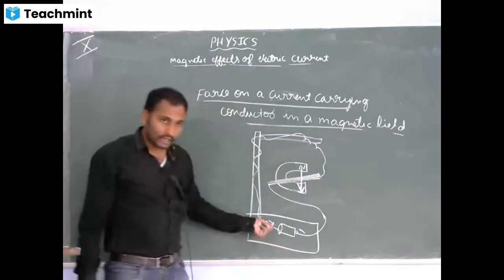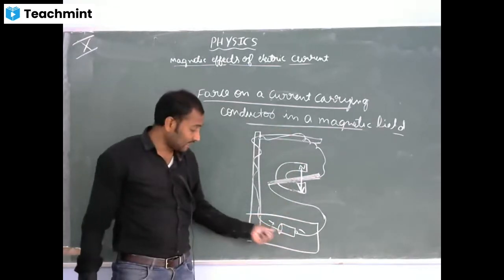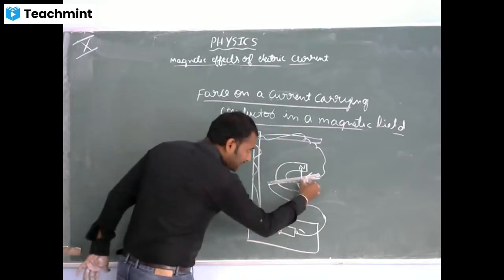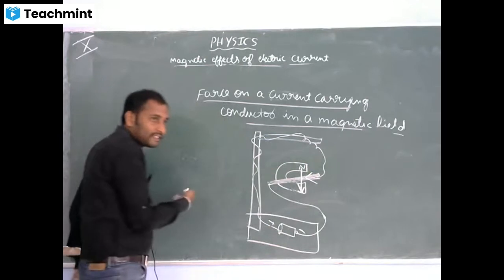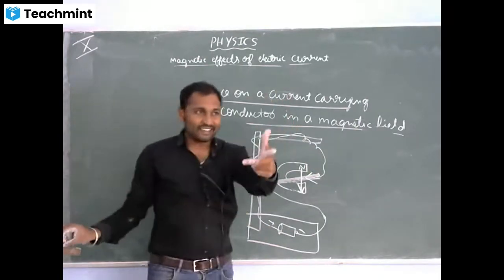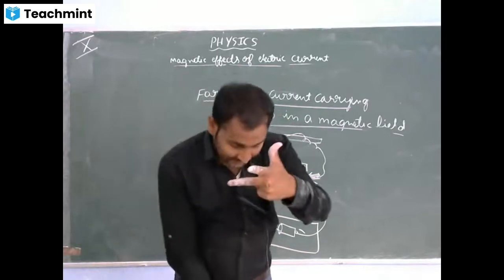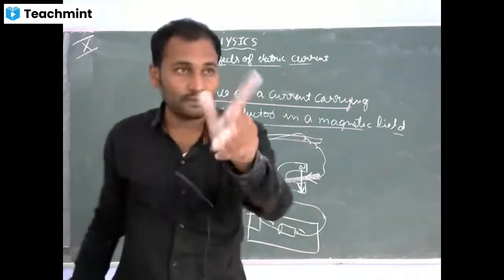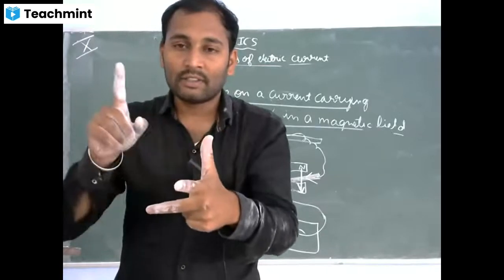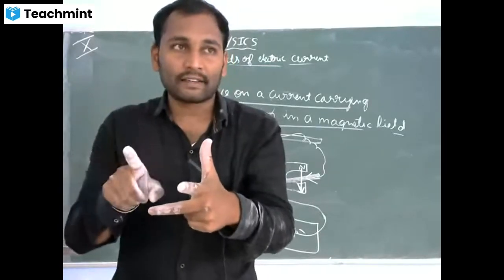So now the current, let me take the direction of current. Current is going like this, positive to negative. So here the direction of current is from this side to this side. See, I will show. Which finger indicates the direction of magnetic field in this? Thumb indicates the direction of motion of conductor.